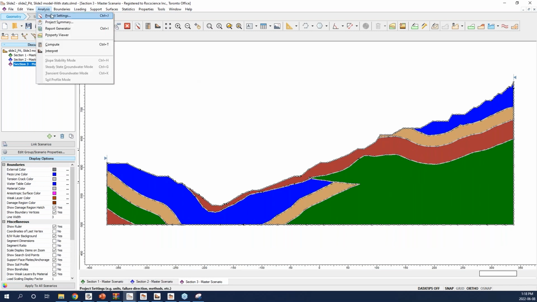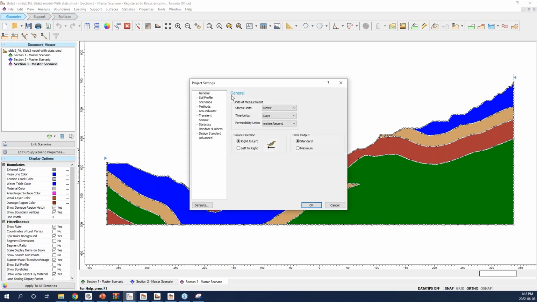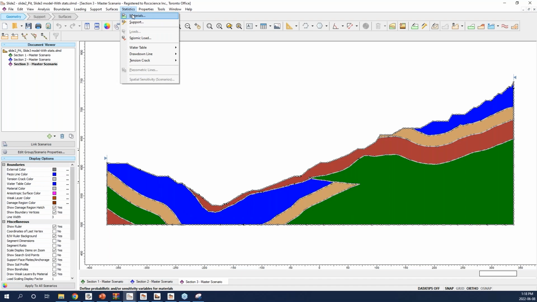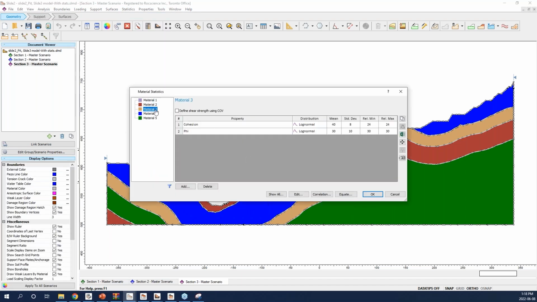As I mentioned in the previous webinars, there is more than 90% integration between Slide2 and Slide3 now in the last update of the software. So if you go to the statistical options, they are the same. The material statistics are exactly the same as defined in Slide3.